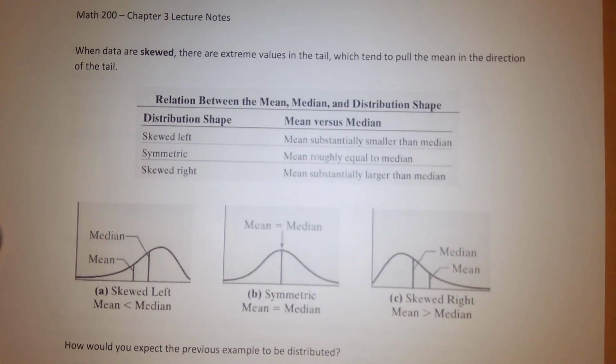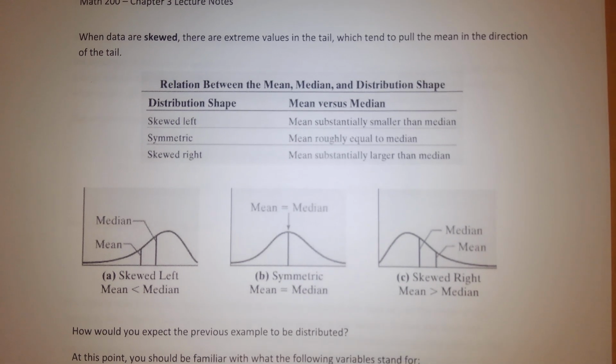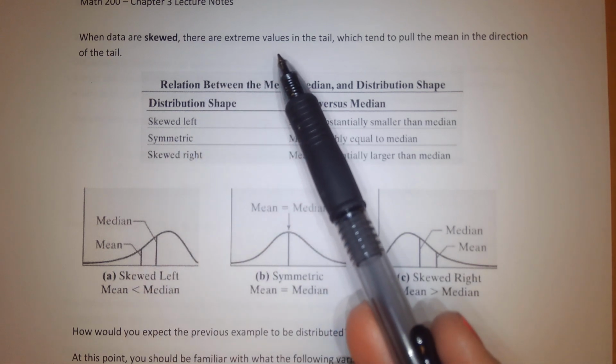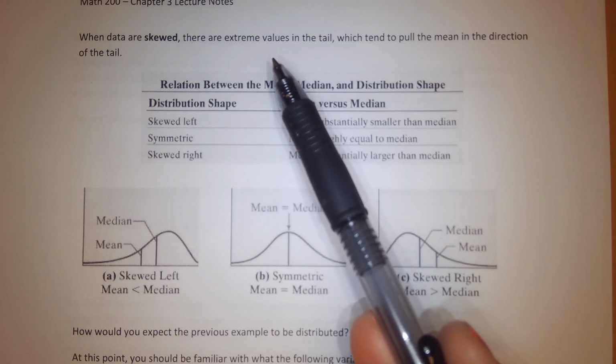So moving on to the next page, now we're going to talk about the distribution of data and how they are skewed. So we briefly talked about this in Chapter 2, and skewness occurs when certain things happen with the mean and the median. So there are always going to be extreme values in the tail which tend to pull the mean in that direction.